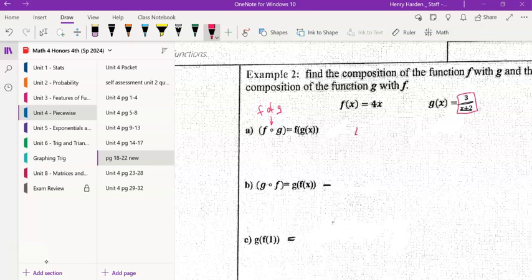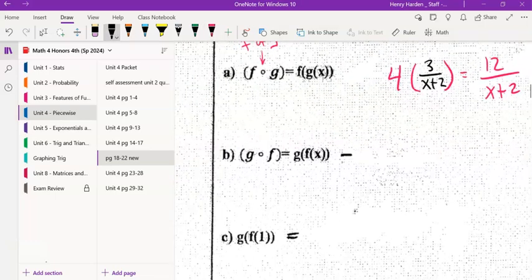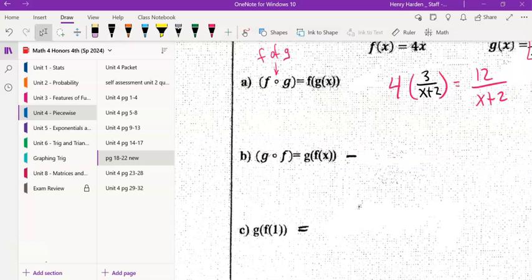Okay, so it's going to say 4 parentheses and then 3 over x plus 2. All right, and then when we simplify that down, it's going to say 12 over x plus 2. All right, now when we go the other direction, we're going to take f and put it into g.